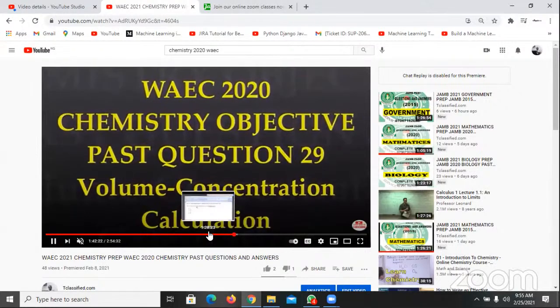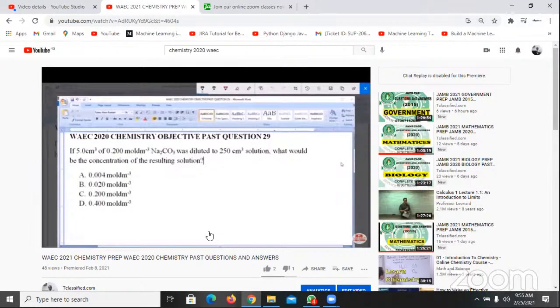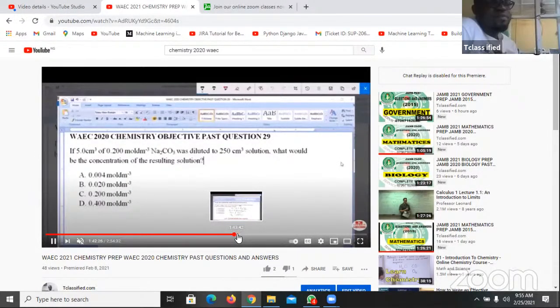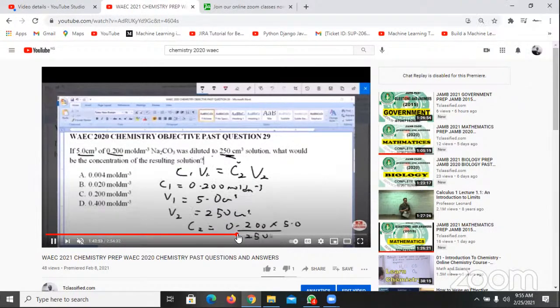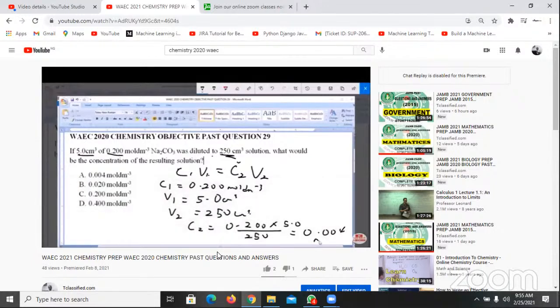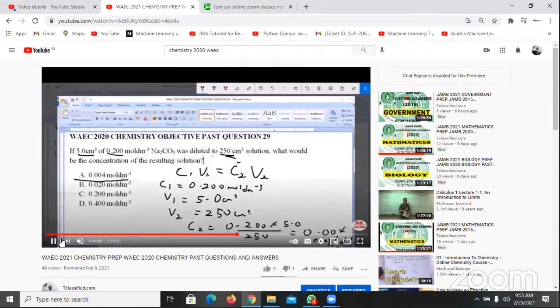Number 29. If 5.0 cm cube of 0.200 mole per dm cube of sodium trioxocarbonate(IV) was diluted to 250 cm cube solution, what will be the concentration of the resulting solution?